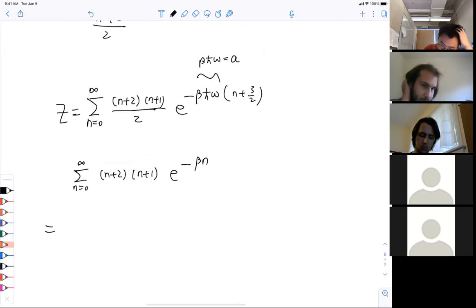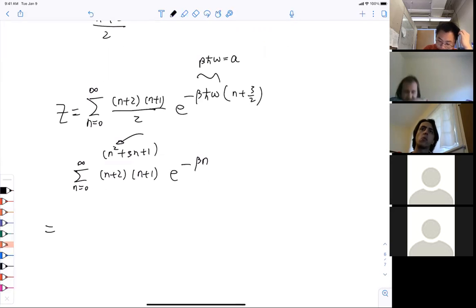So to do that, I believe in the professor's solution, you just expand this. It becomes n squared plus 3n plus 2. You can do each term. For this one, you can take the derivative twice, and this one you take the derivative once with respect to A, right? This one you just do the sum.